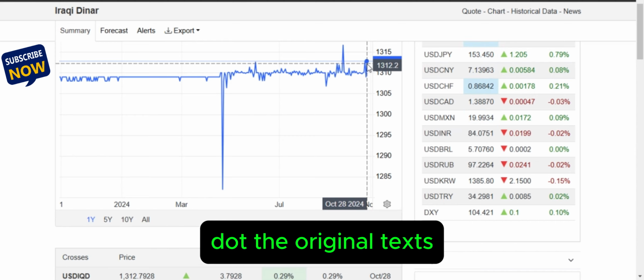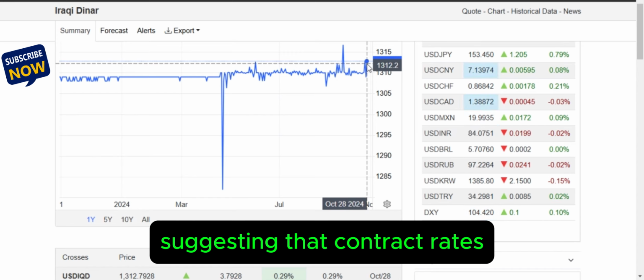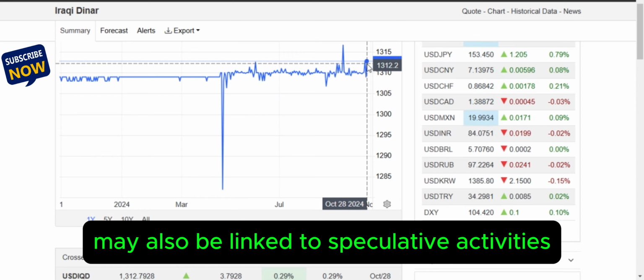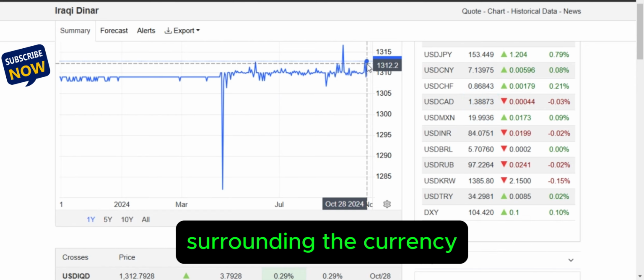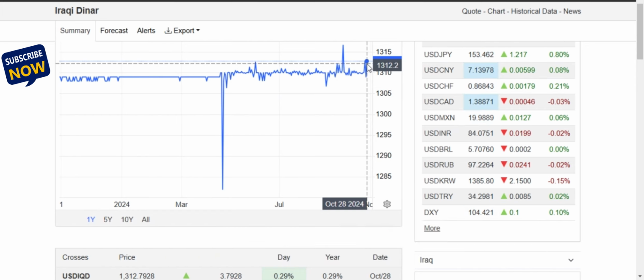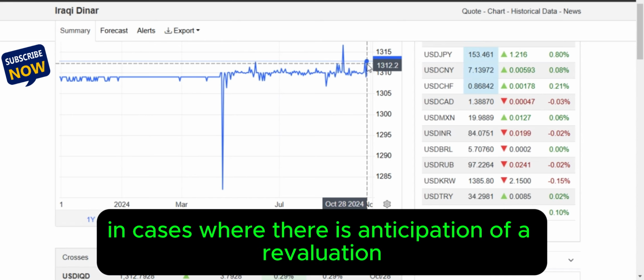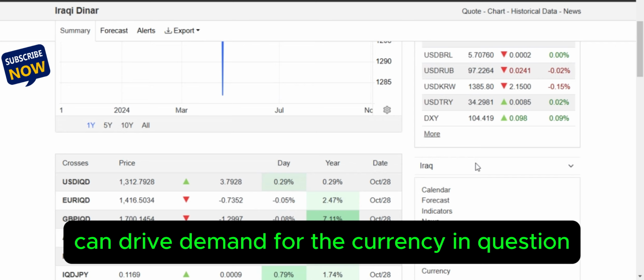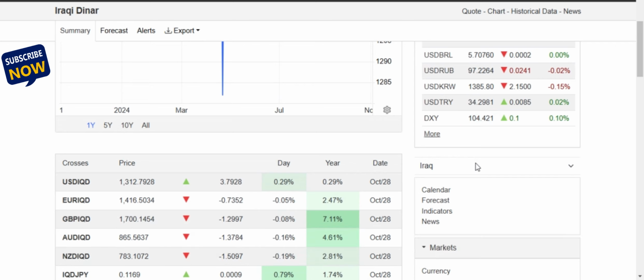The original text's suggestion that contract rates could be over 5 times the bank screen rate may also be linked to speculative activities surrounding the currency. Speculation in currency markets, especially in cases where there is anticipation of a revaluation or a redenomination, can drive demand for the currency in question.